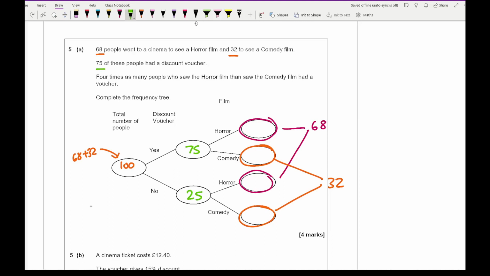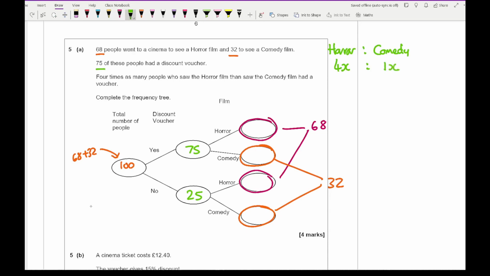Then it says 4 times as many people who saw a horror film than saw a comedy film had a voucher. So from this, what we need to do is we know that if I wrote down that horror to comedy is in the ratio of 4:1.